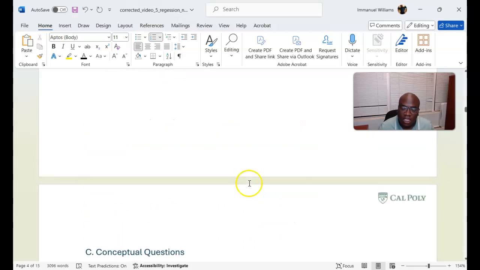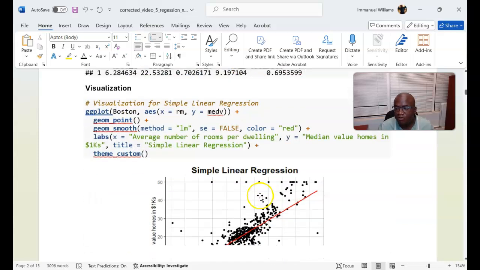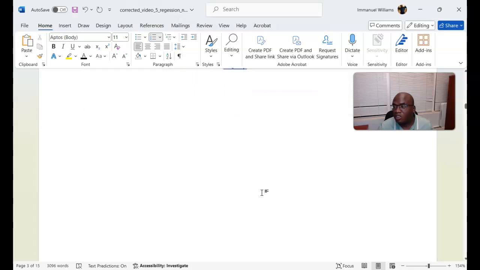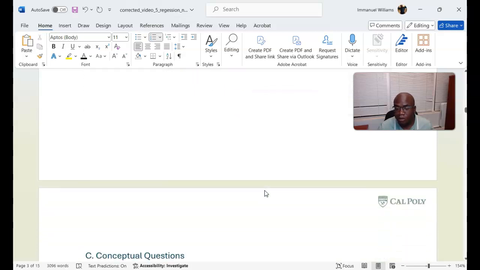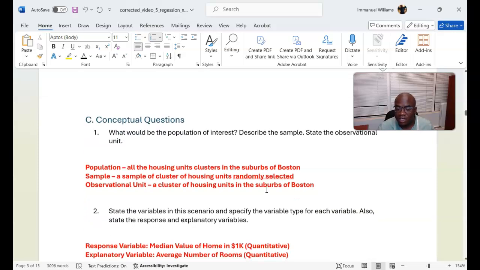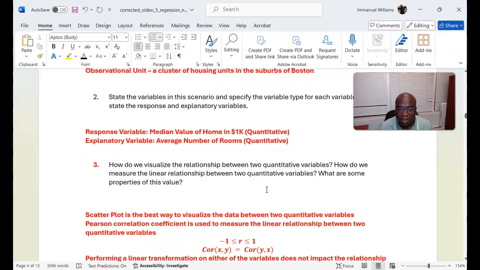And we saw that to be 0.6953599. So the closer R is to 1 or negative 1, the more of a linear relationship it is. The closer it is to 0, we know that it's just not linear. It could be sinusoidal, it could be some pattern, but we just know that it's not linear when R is close to 0.